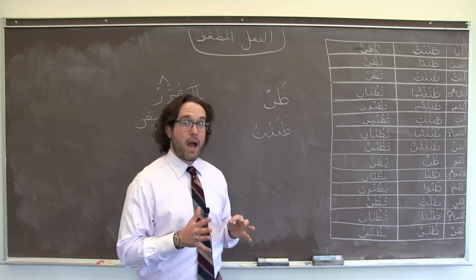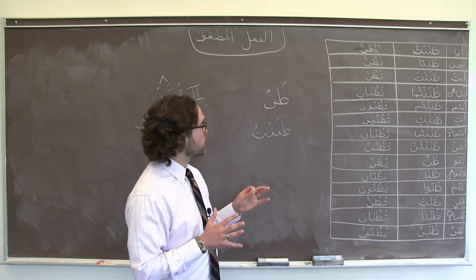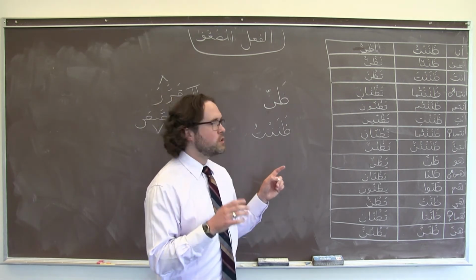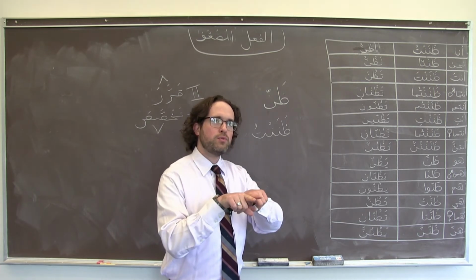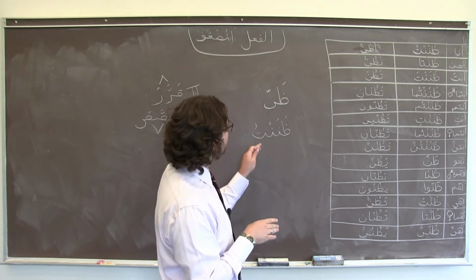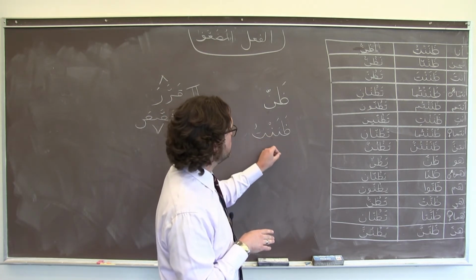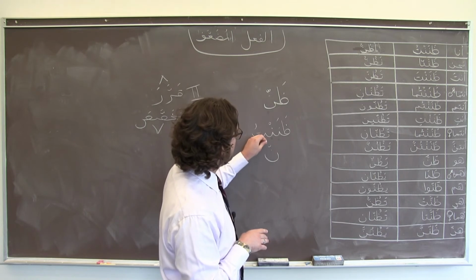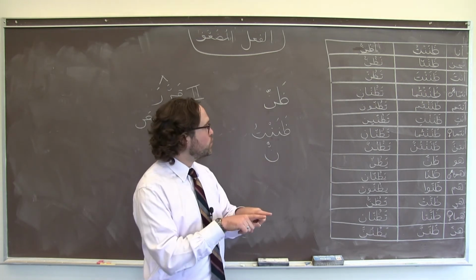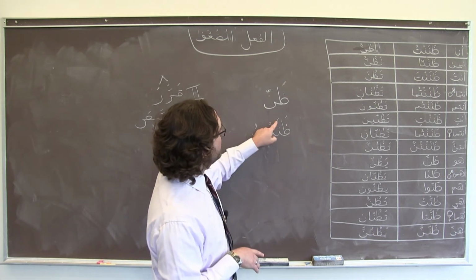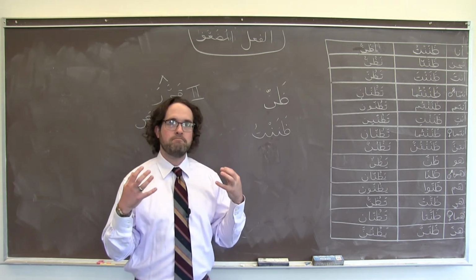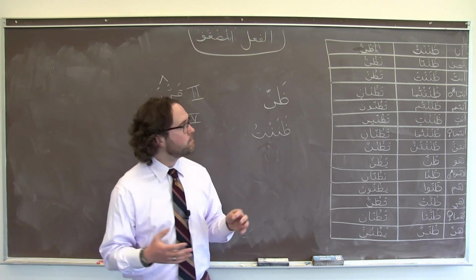The reason that this happens in fusha, in formal Arabic, is that there is a rule that says we can't have two letters both with sukoon on them right next to each other in a word. And ostensibly, if we were to try to put these two noons together under one shadda with a sukoon, they would both be there and they would both have sukoon. So for that reason, we need to separate them and add that fatha so that we don't violate this rule of phonetics in formal Arabic.